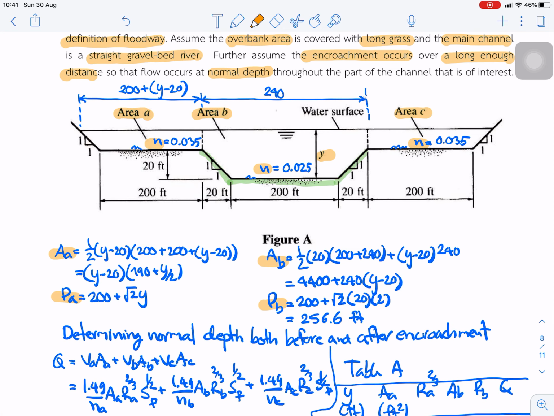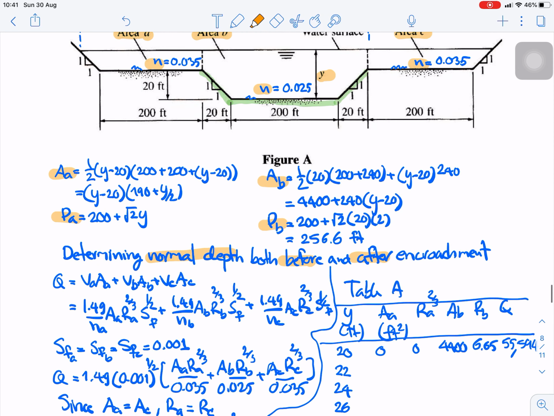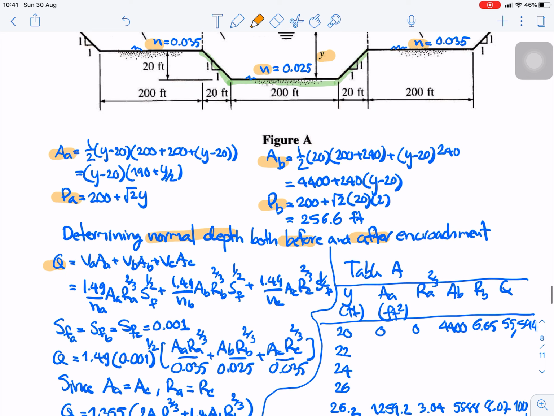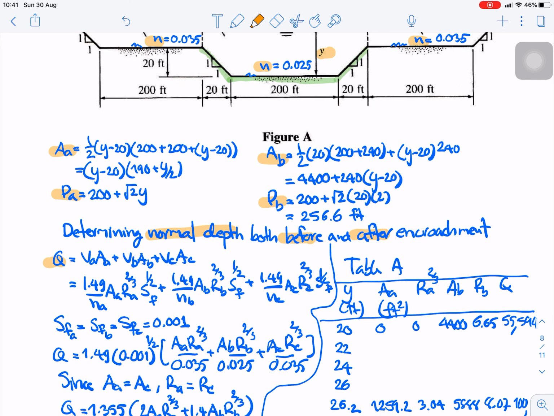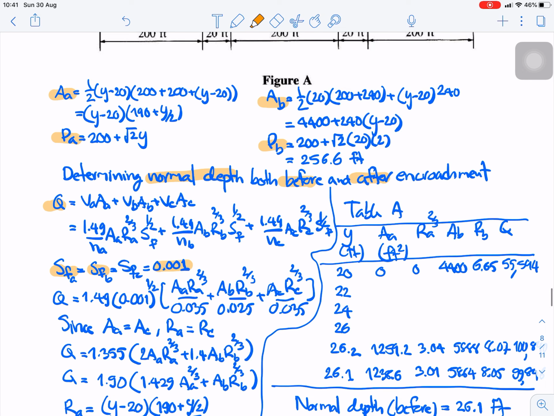Next, we are going to determine the normal depth both before and after encroachment. We start by writing the equation of Q as a function of the velocity and area in each sub-area. Next, substitute the Manning equation, and for the slope we assume it is the same for the three parts.